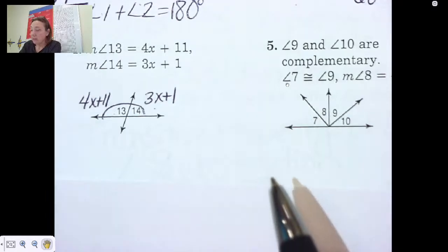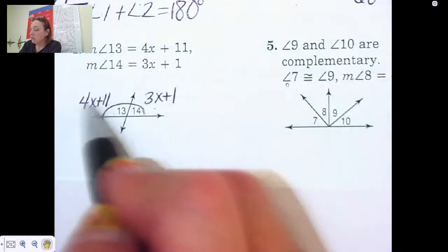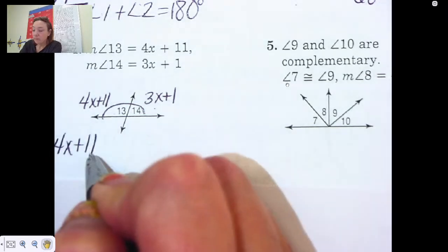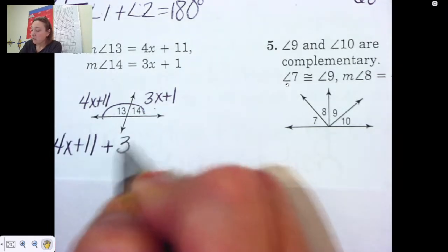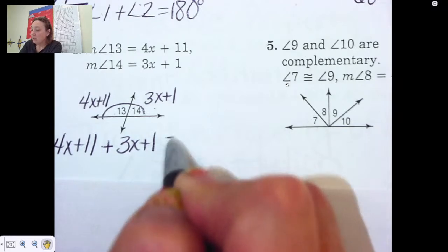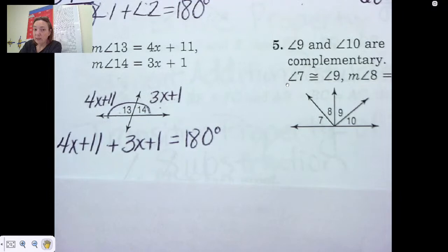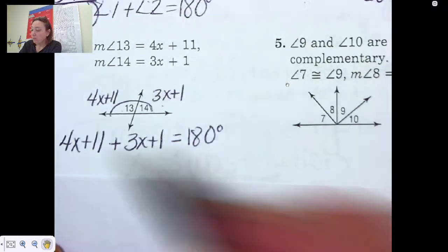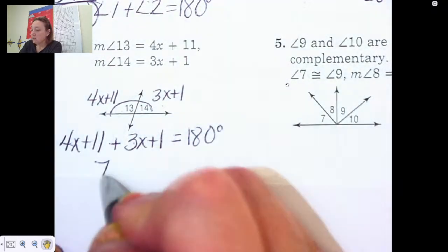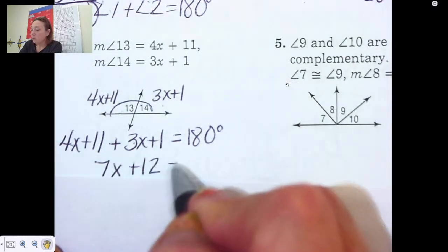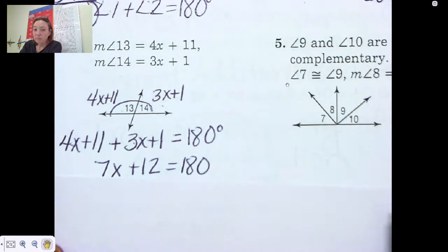to 180. So if we want to make an equation out of this, we would say that 4x plus 11 plus 3x plus 1 equals 180 degrees, right? So we've got 4 and 3 is 7x, 11 and 1 is 12, right? Y'all following me?